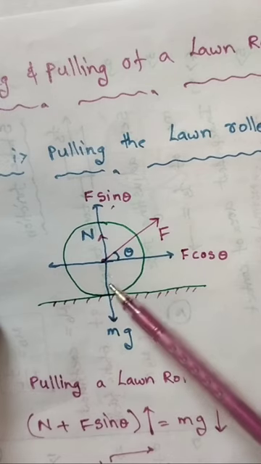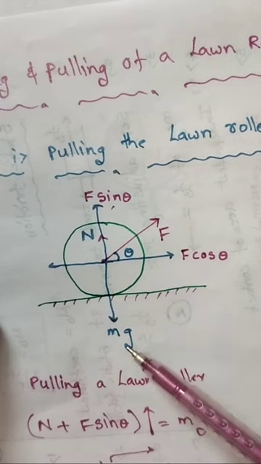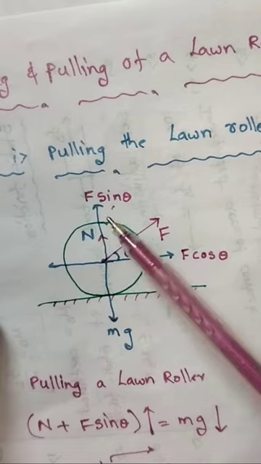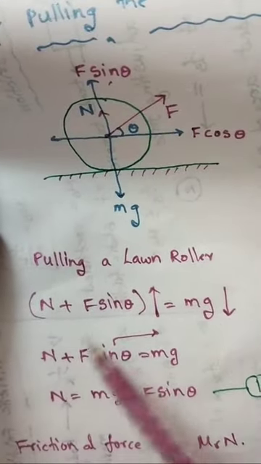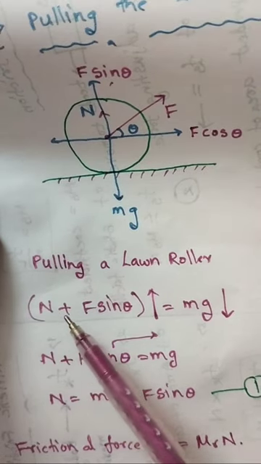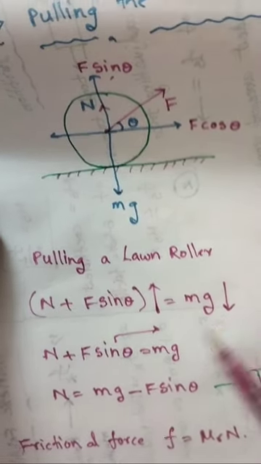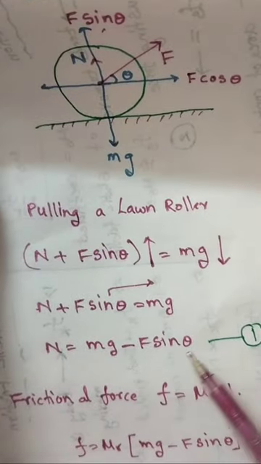The lawn roller's mg always acts downward and the normal reaction upward. Upward forces equal downward forces, so from the diagram N plus F sin theta is equal to mg. Finally N is equal to mg minus F sin theta.